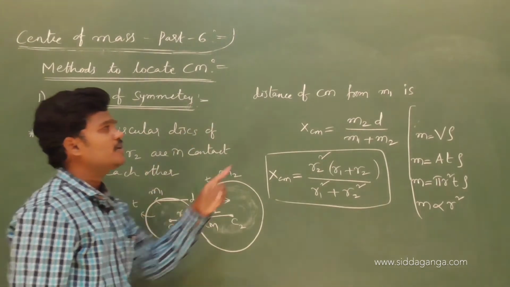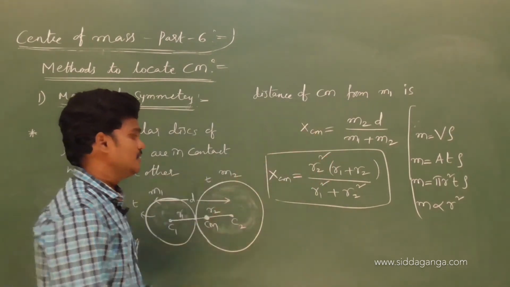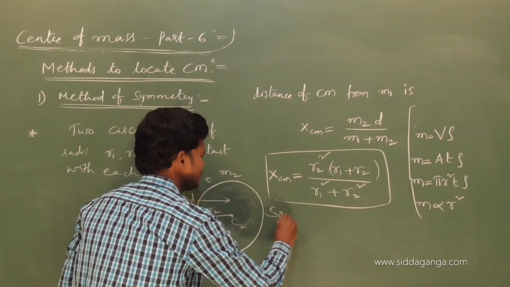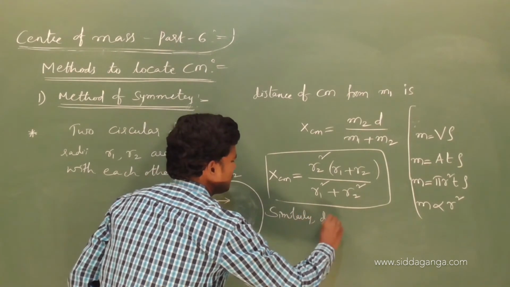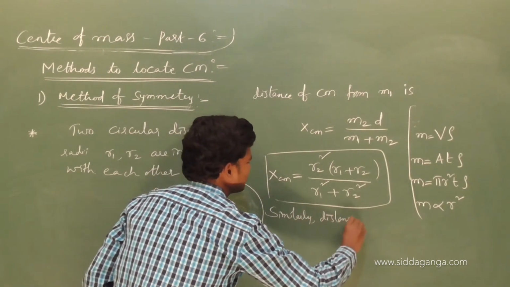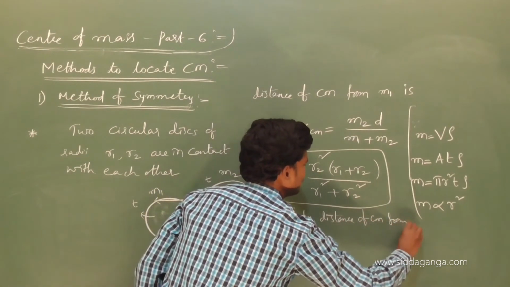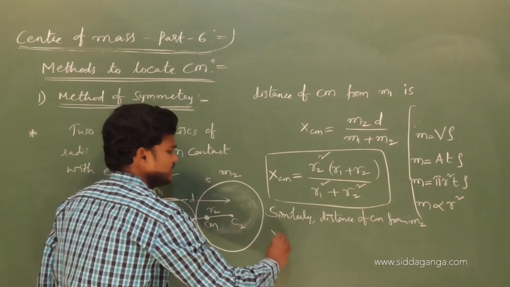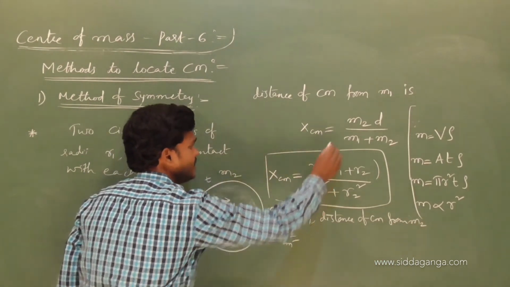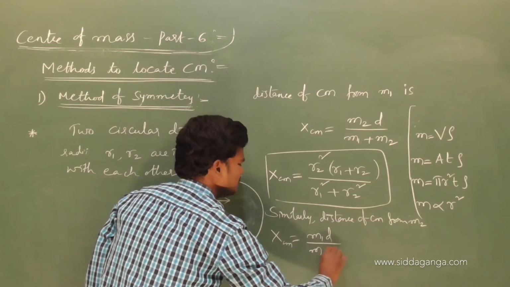If they ask you to write the distance of the center of mass from M2, then similarly, the distance of the center of mass from M2 is M1 d by M1 plus M2.